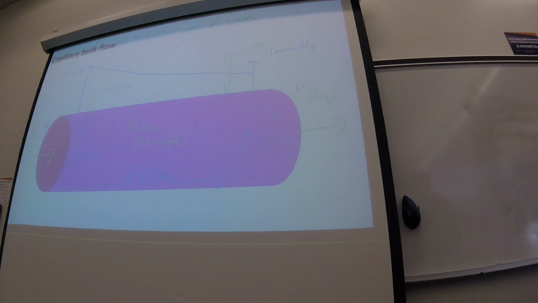So if you look at the difference between the hydrostatic pressure, let me just draw the pressure line here. It looks something like that. It's just a straight line.